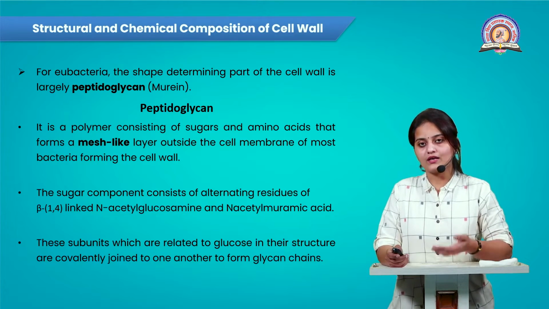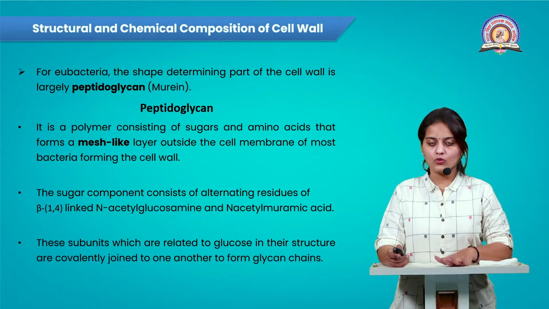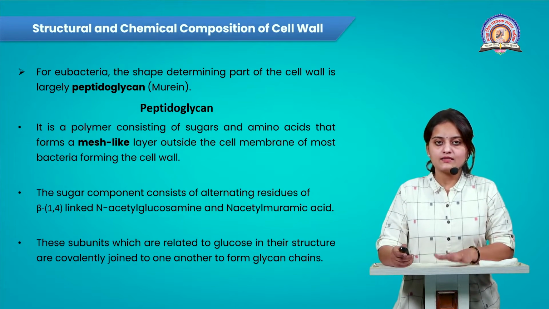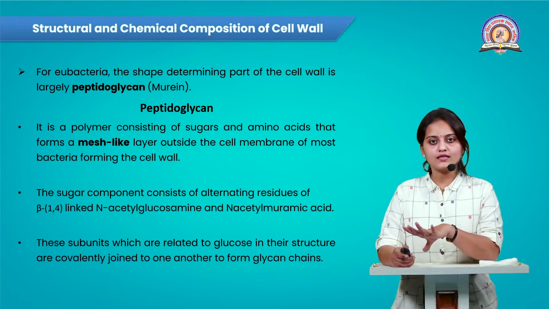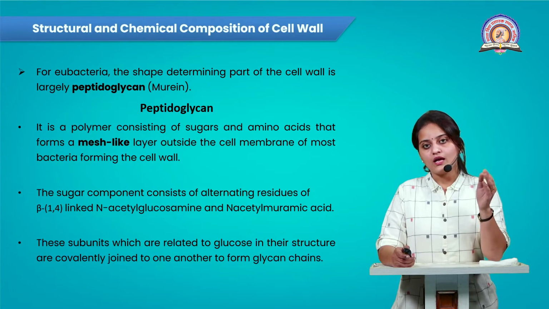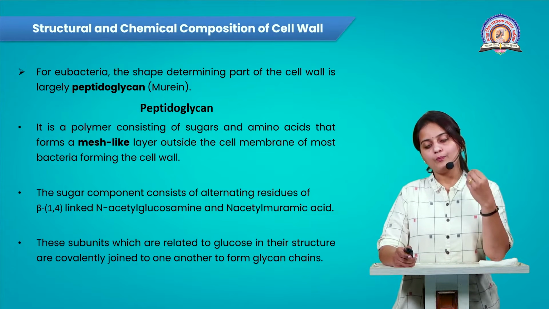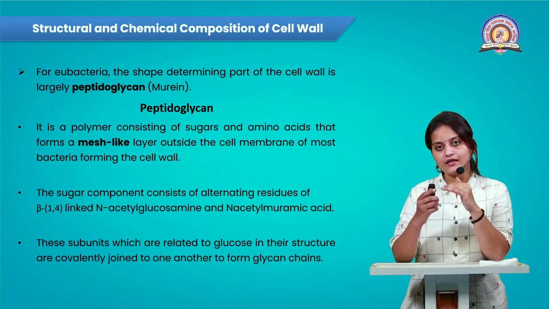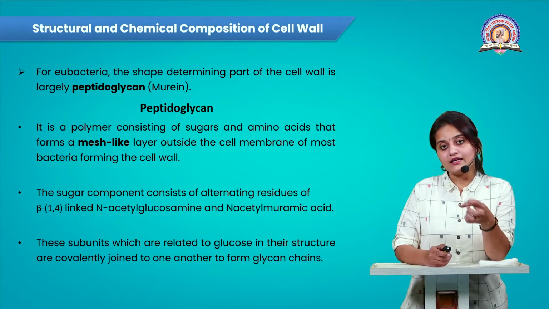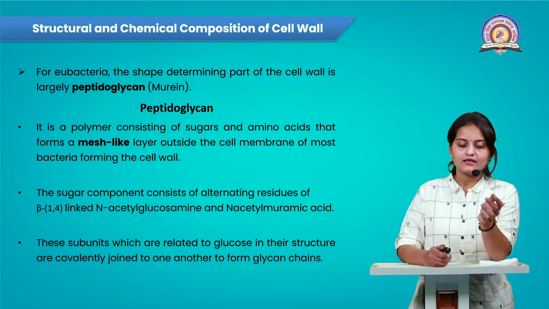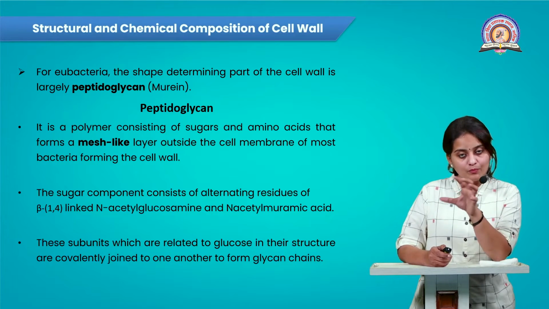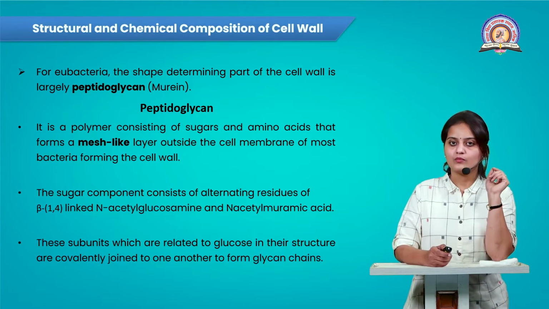It is a mesh-like structure, a gauze-like structure. Mesh-like means the molecules of the peptidoglycan are arranged in such a way that they create a mesh on the cell, and through that mesh, the bacteria get protected.